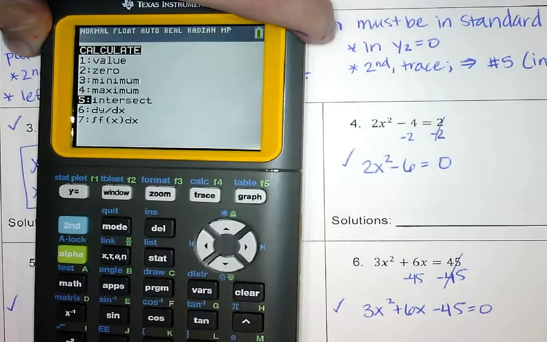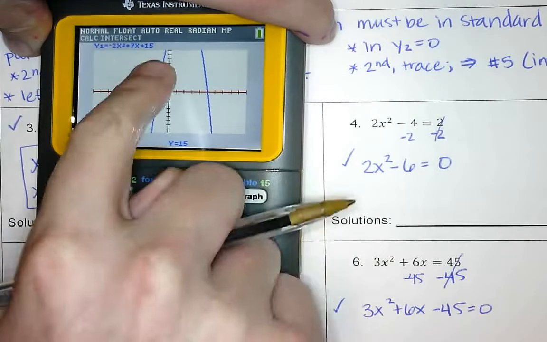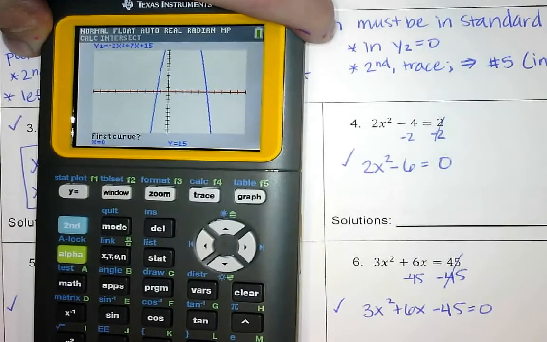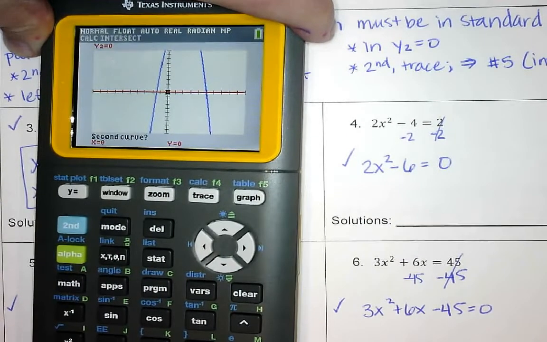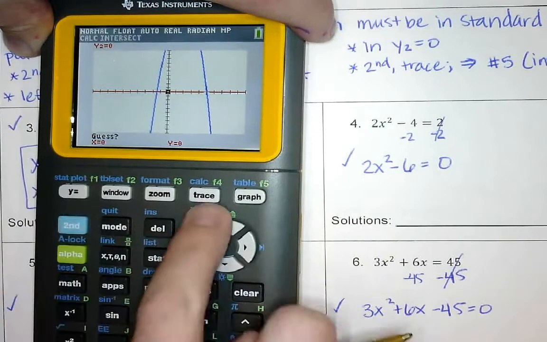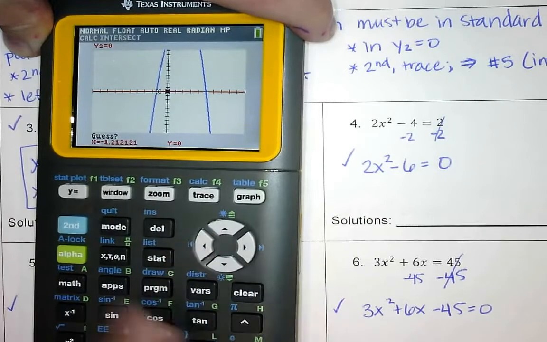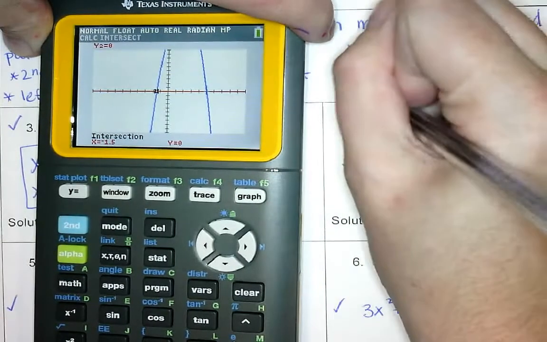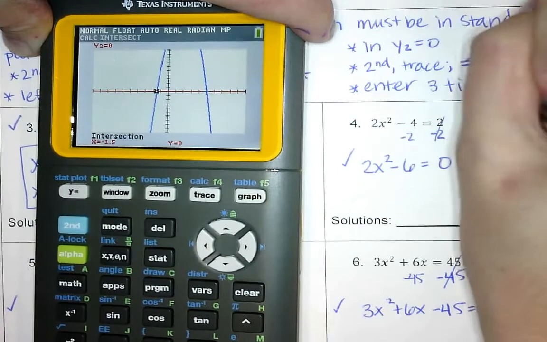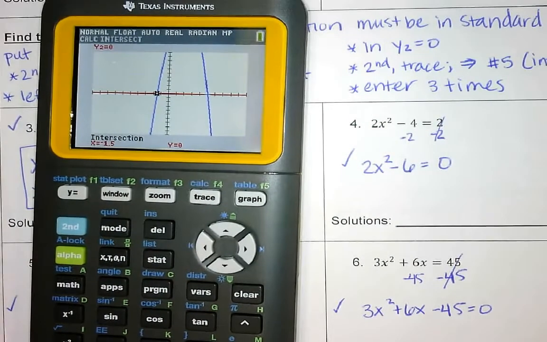Does that make sense? And all you have to do is enter 3 times, and make sure your cursor, when it says guess, is kind of close to the 0 you want. Okay? You hit enter 3 times. Make sure your guess is close. And then, y'all, it gives you your intersection of negative 1.5.